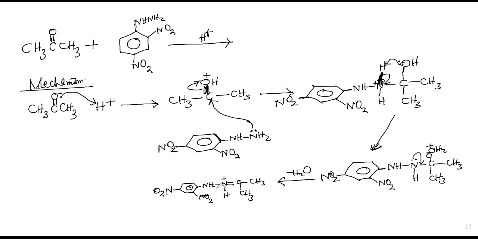Now this is followed by loss of hydrogen. By losing a hydrogen ion here, you form your final product, which is O2N, NO2, NH and double bond C, CH3, and then CH3.